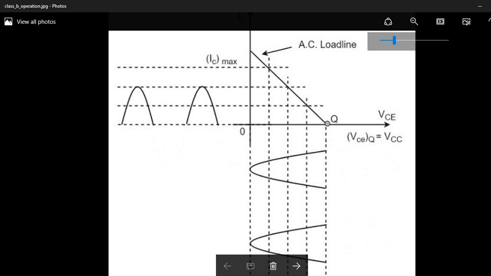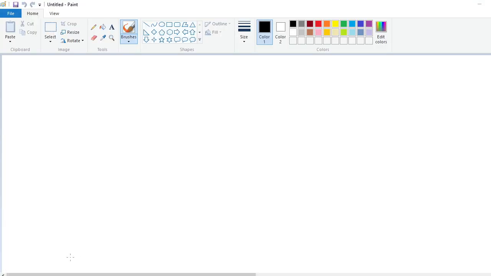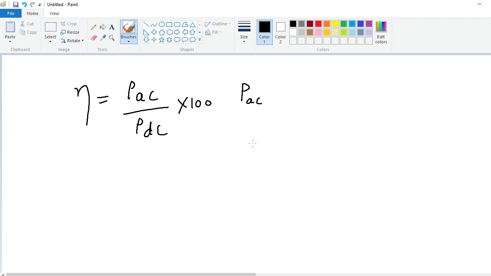Okay. So I will explain analysis of Class B push-pull amplifier. So here the efficiency is equal to output power by input power. That means AC power divided by DC power into 100. Okay. So how to calculate AC power and how to calculate DC power?